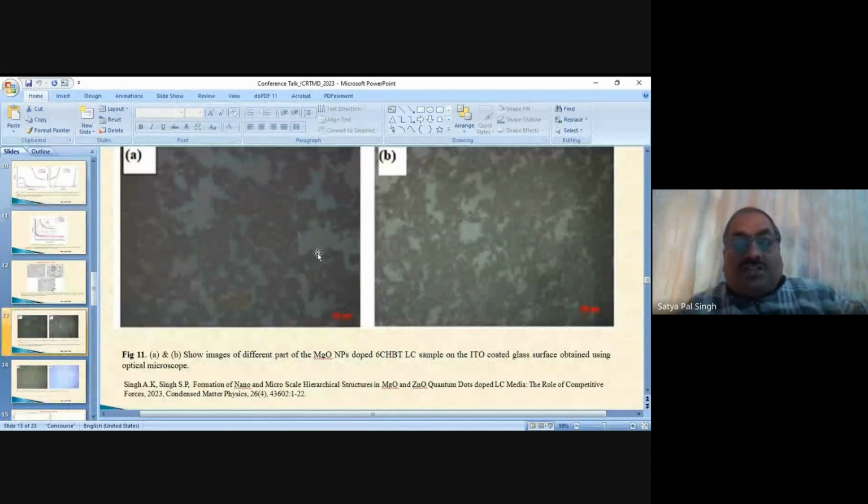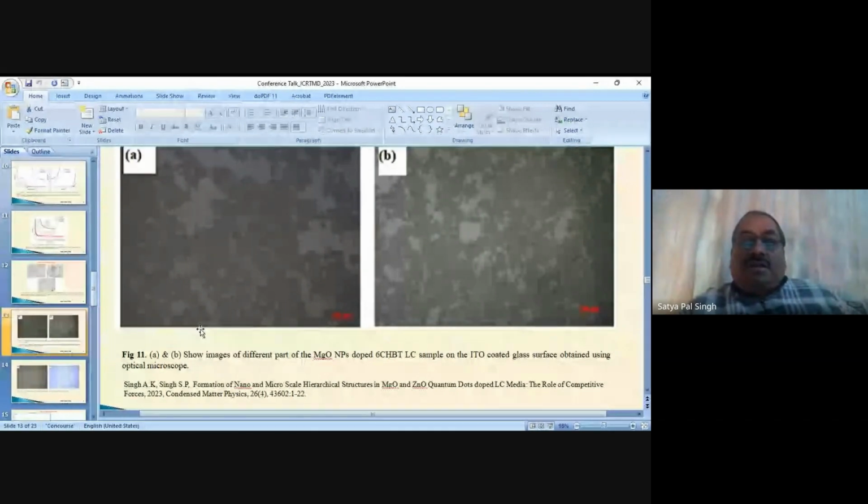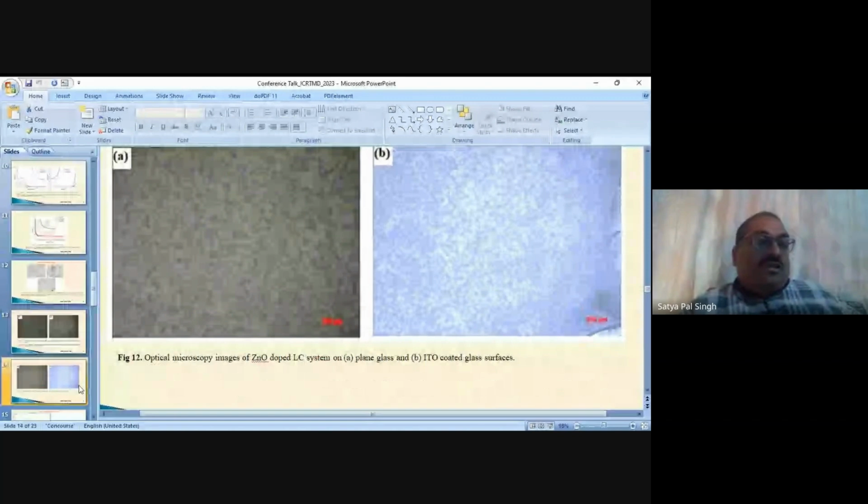This is just clusters, small aggregates forming. Because of the interaction between the ITO coated glass, the MgO nanoparticle and the liquid crystal, when we compare the energy balance, there is no energy balance, and this kind of structure is obtained. This is again the ZnO case on ITO coated glass.